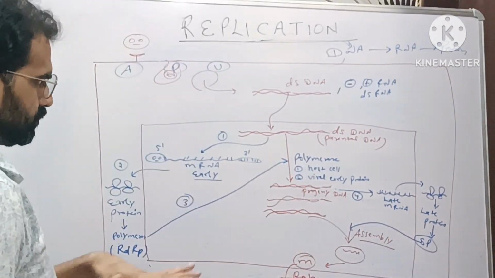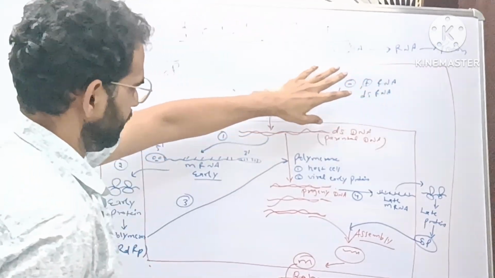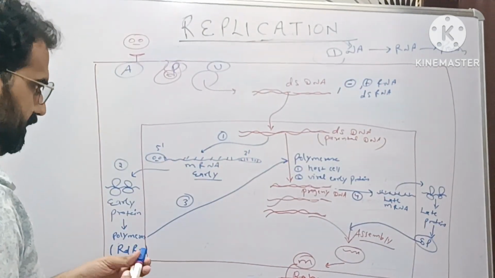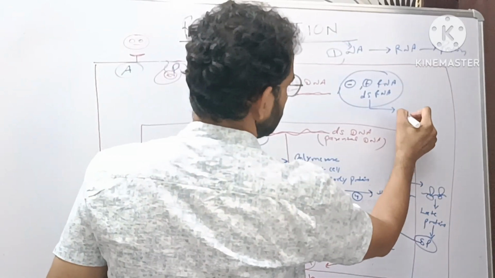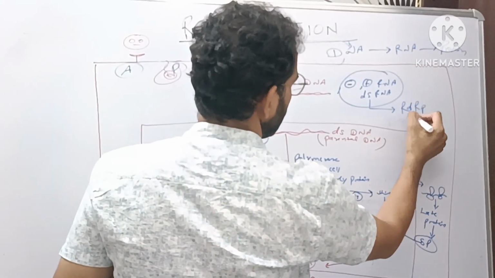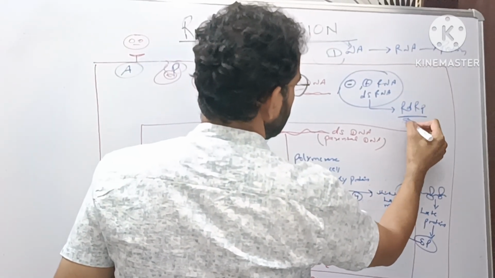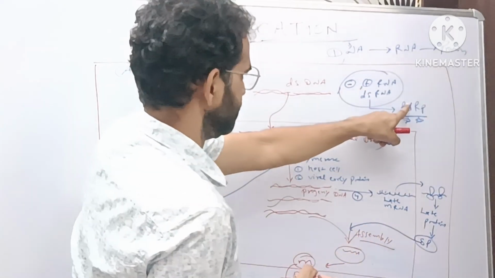So the difference between these RNA and DNA viruses is that they either carry their own RDRP or they synthesize it.